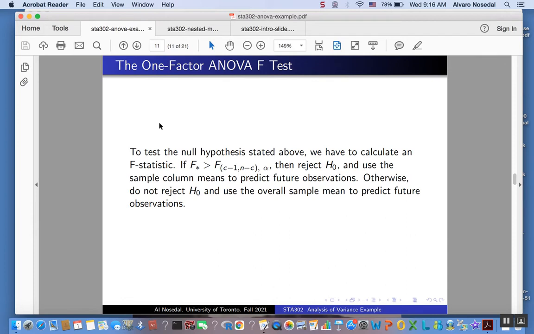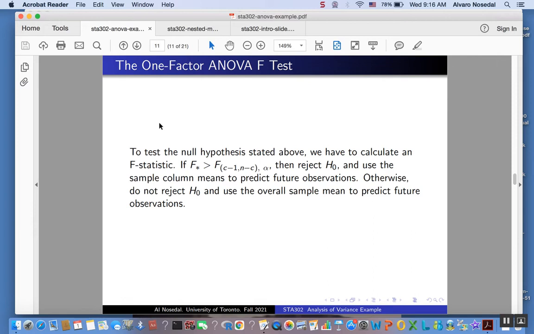It turns out that an F statistic makes sense to carry out that hypothesis test. And at this point, when you see that, maybe you should start thinking, we have talked about F tests before.